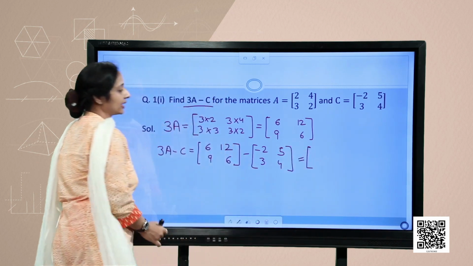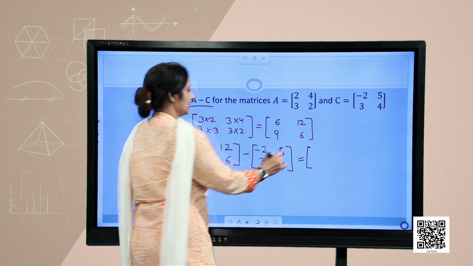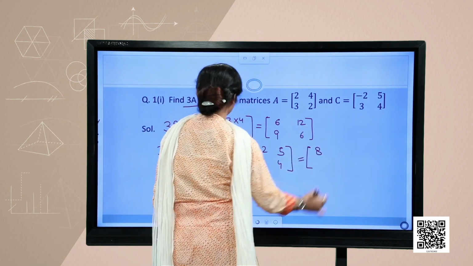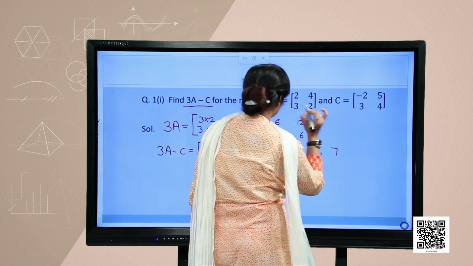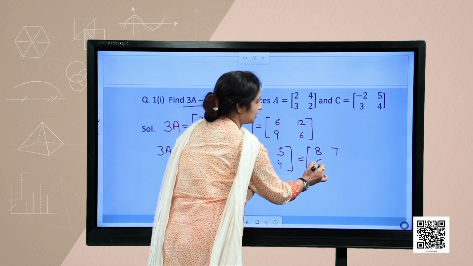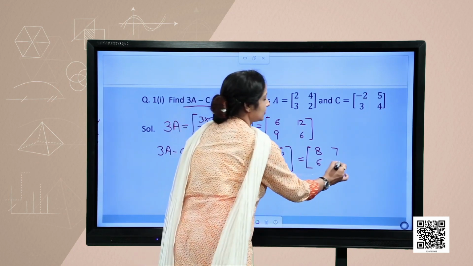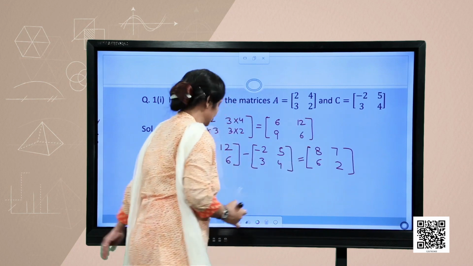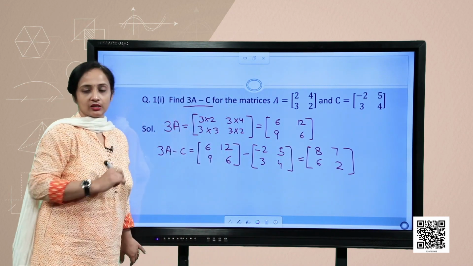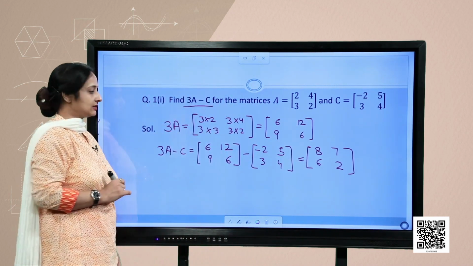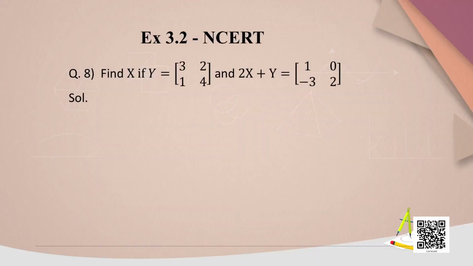Then you can subtract corresponding elements 6 plus 2, 8, 12 minus 5, 7, 9 minus 3, 6, 6 minus 4, 2. So, this is the way you can calculate this 3A minus C.